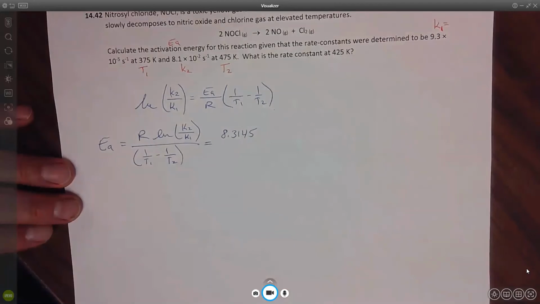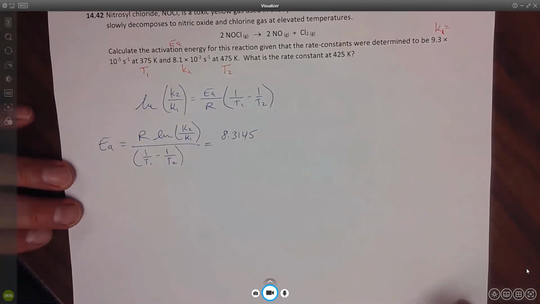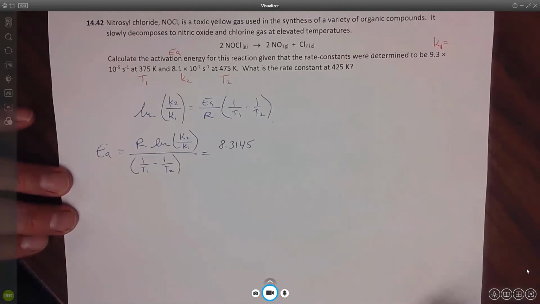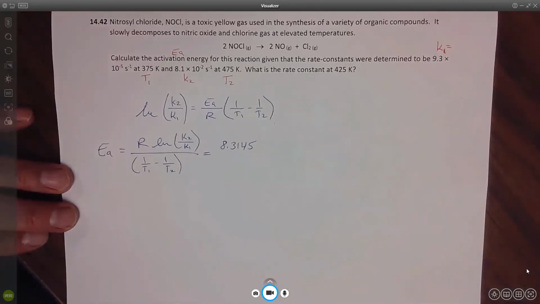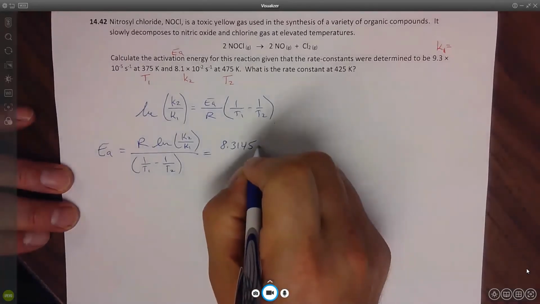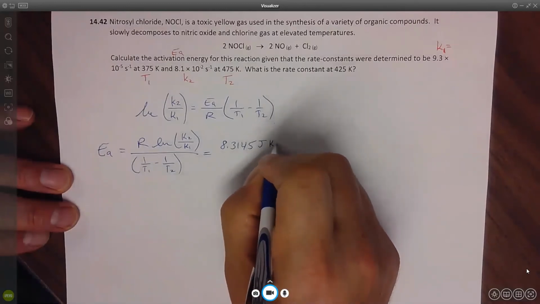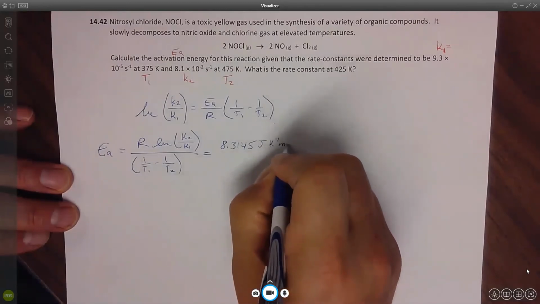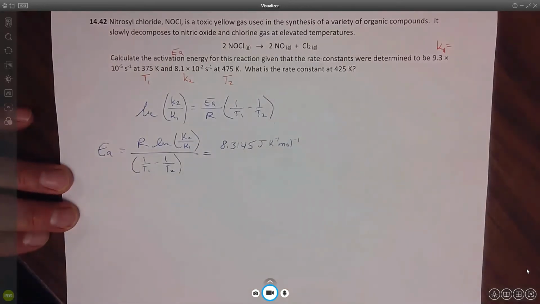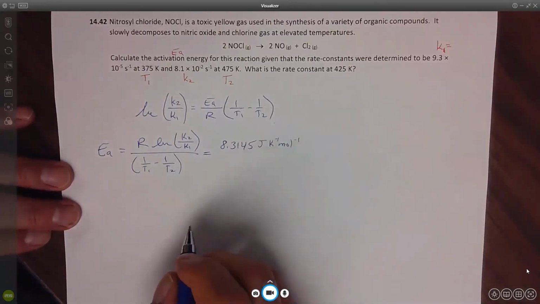And what are its units? Joules per Kelvin per mole, yeah, per Kelvin. Is that right? I think so.